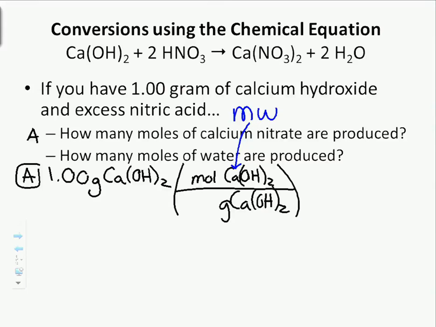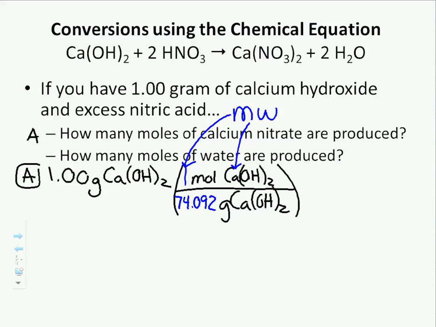So remember, we're pulling these molecular weights from the weights that we just calculated. So for our calcium hydroxide, we knew there was 74.092 grams of calcium hydroxide per every 1 mole. Notice, for your molecular weight, it is always, always, always a 1 that goes with your mole.